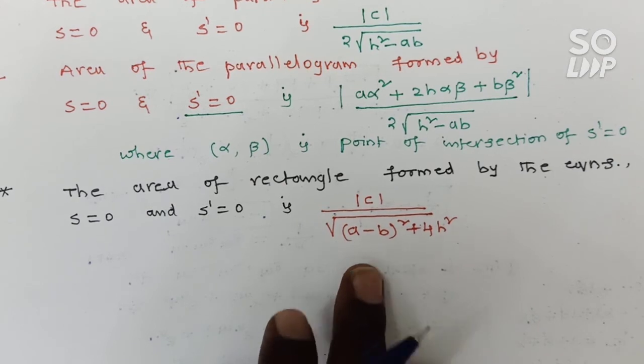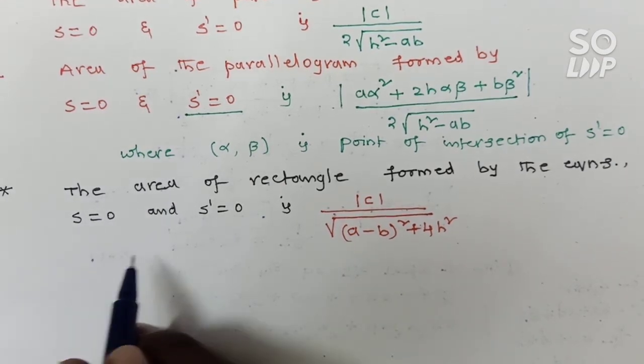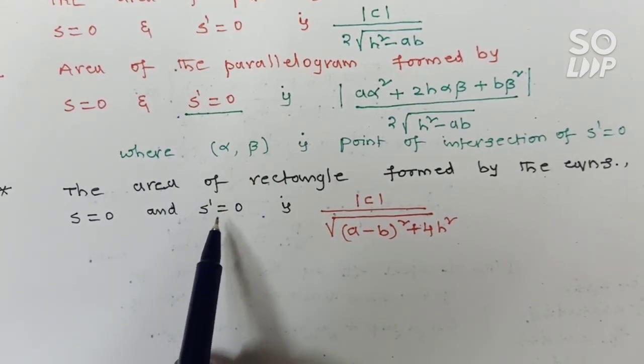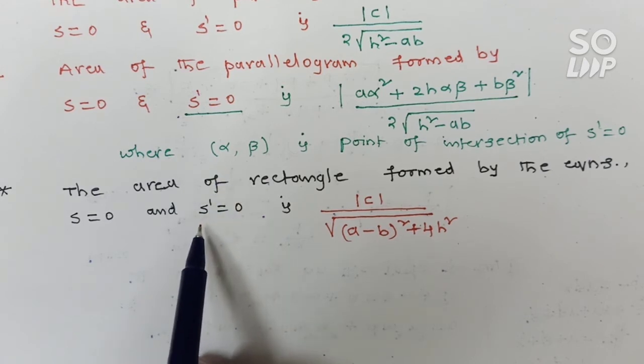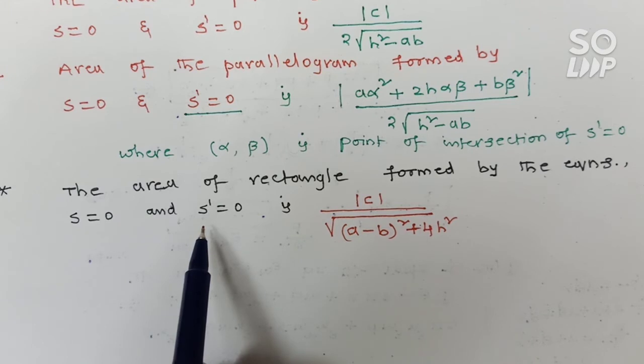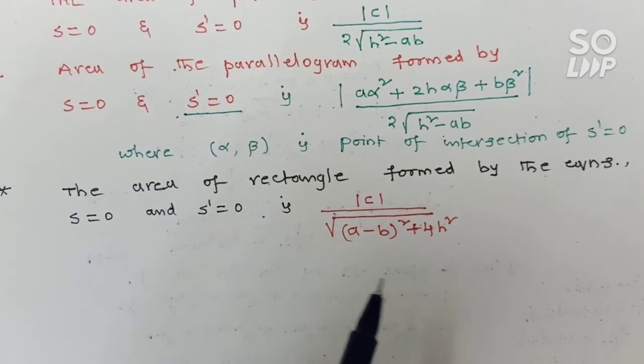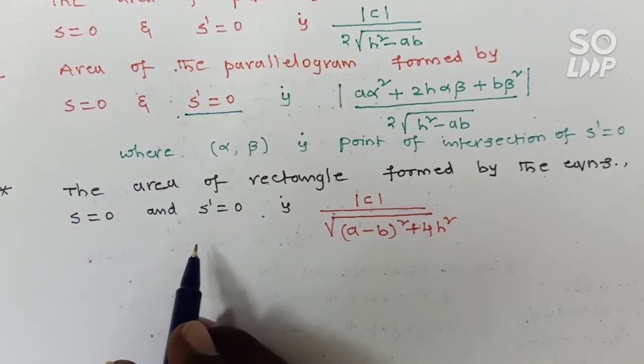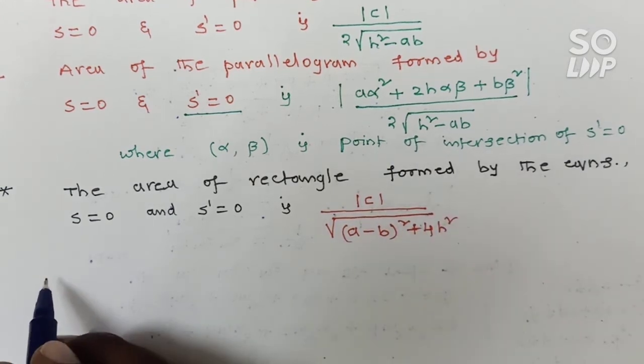Suppose you take the point of intersection of the lines represented by the non-homogeneous equation, then that will be another form.